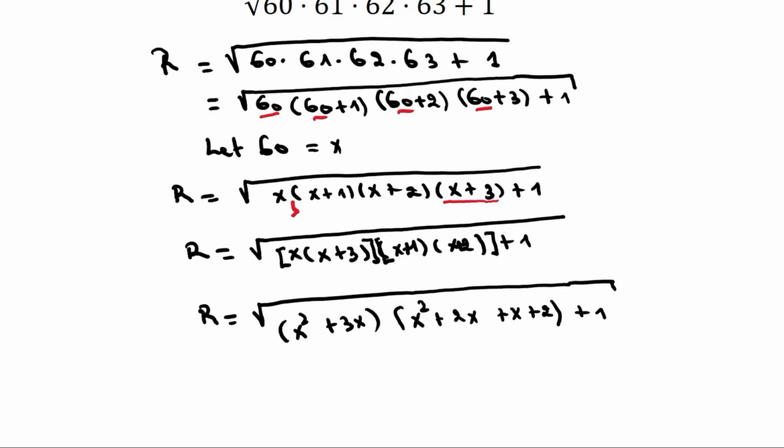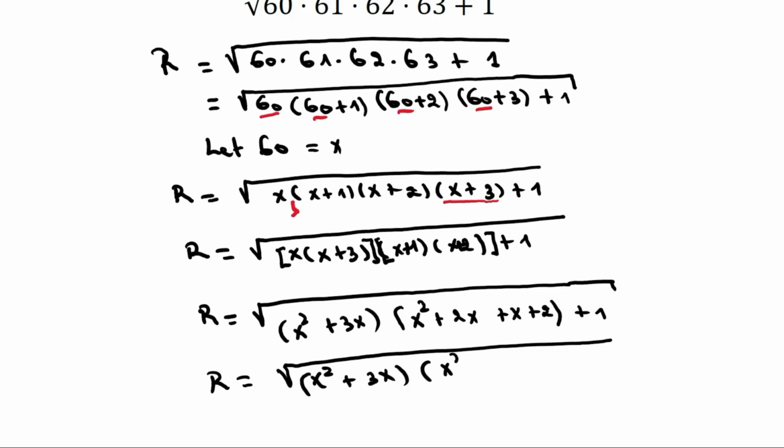Then r will be equal to the square root of, this is x squared plus 3x. I don't do anything to this one. Then this will be x squared. This 2x and this x add together to get 3x, then plus 2 and plus 1.